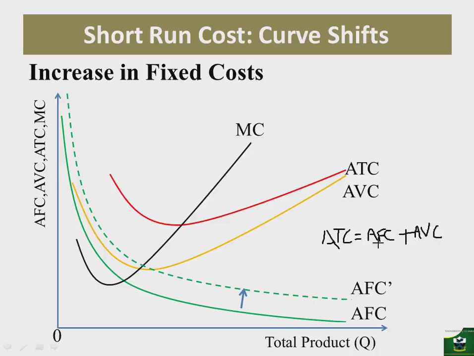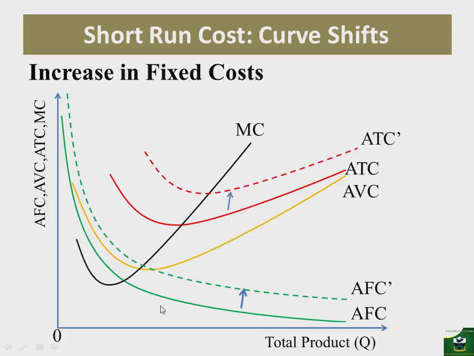So if the average fixed cost has increased, it means that the average total cost will also increase. However, the average variable cost curve will not change. It will be unaffected. So with that, then what we have is that our average total cost curve will also shift upwards to the new average total cost prime curve, which is the red dotted line.